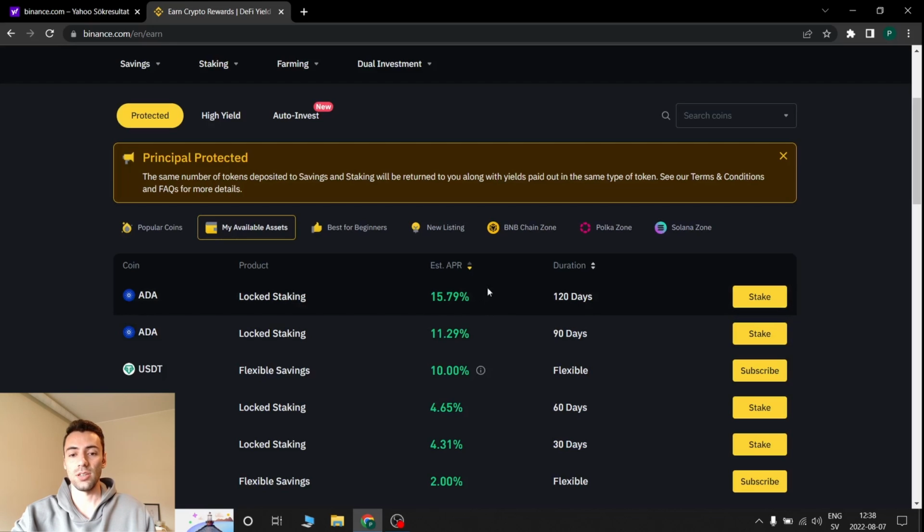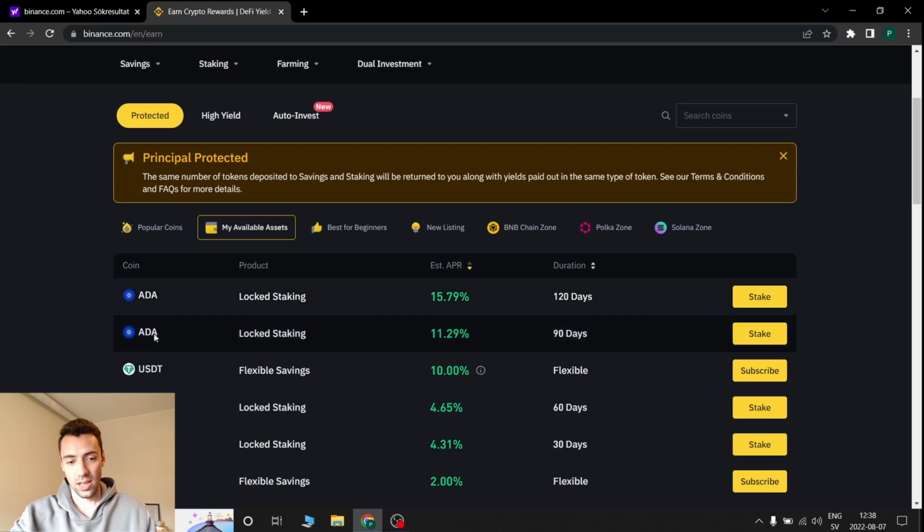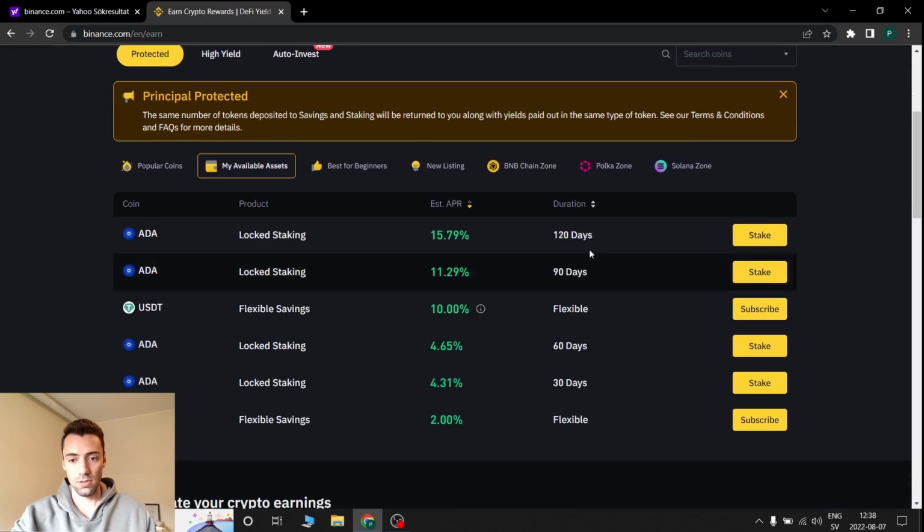This is actually a percentage per year. You will receive this amount of Cardano after 1 year, but you have to lock or stake your Cardanos for 120 days. And these are the other different options.